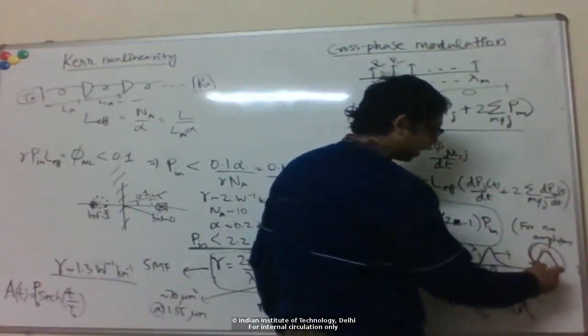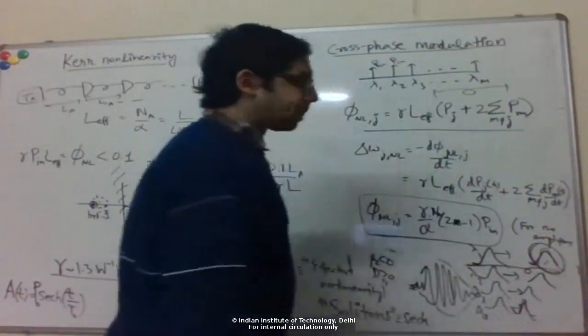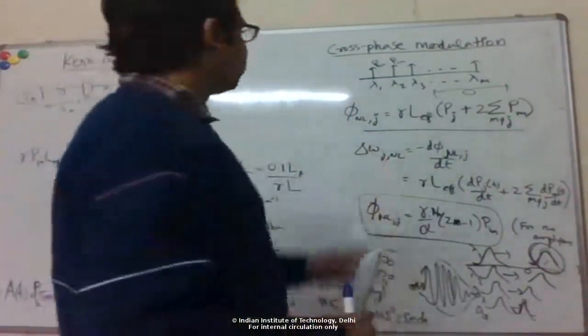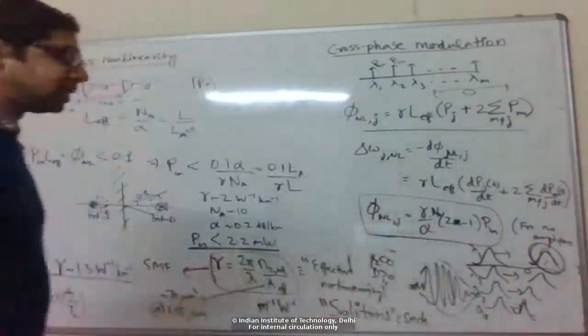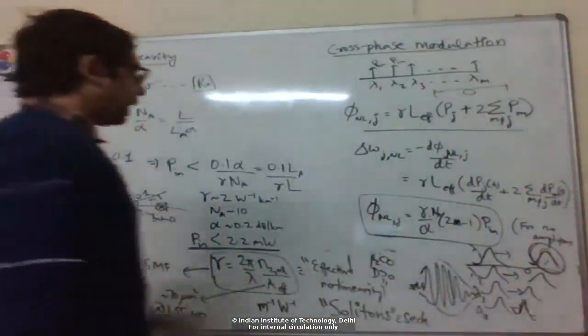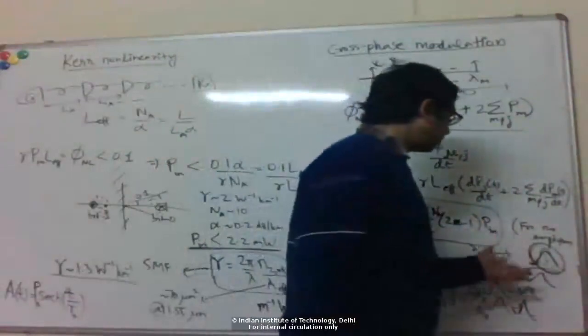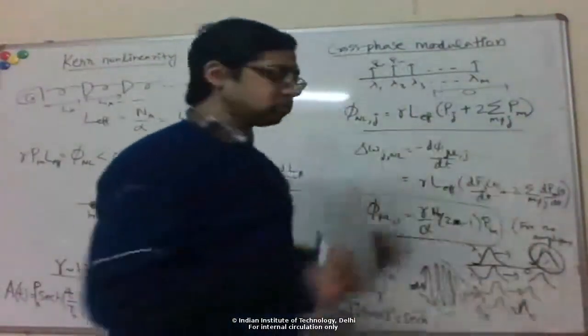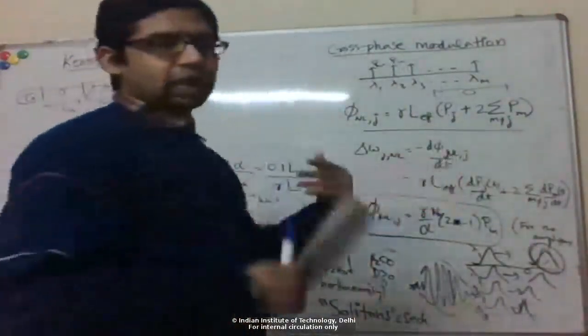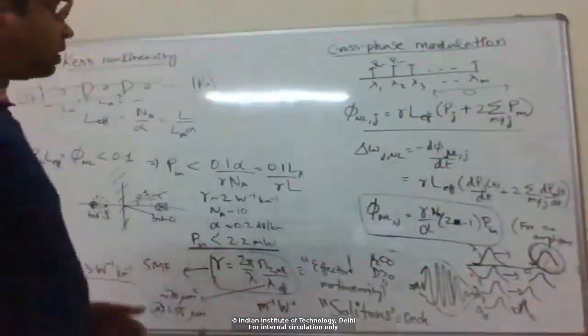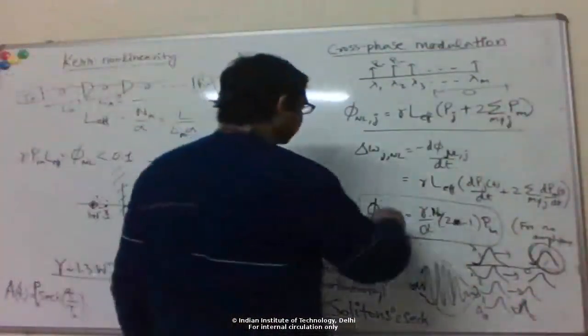So this can't influence this pulse. Only when they are overlapping will we see this phase modulation effect. Due to dispersion, these pulses don't perfectly overlap as they propagate along the path. Okay. So then the phase shift will actually be smaller than this.